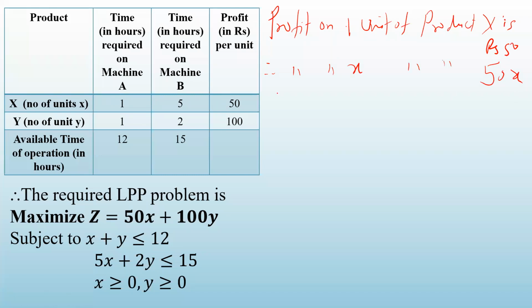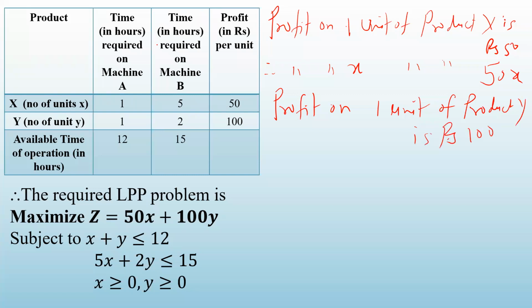Okay. Similarly, profit on 1 unit of product Y. There are two types of product, no? Product Y is ₹100. एक product of Y, उसके ऊपर कितना profit मिल रहा है? 100 rupees. Therefore, profit on Y units. Product Y के कितने units बना रहे हैं? Y will be 100y.